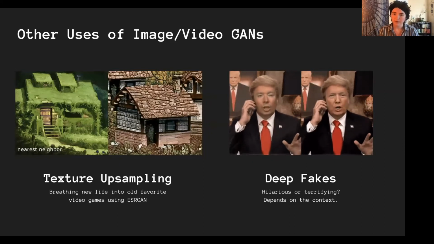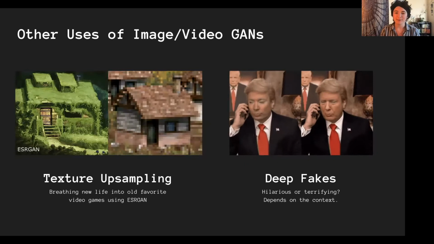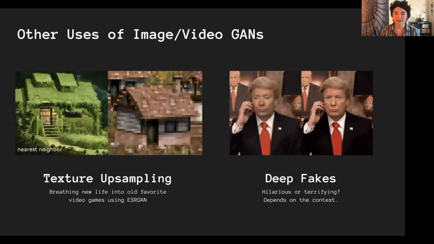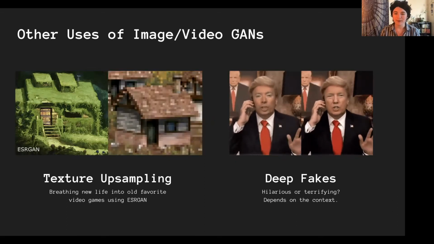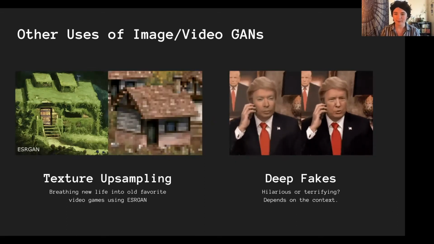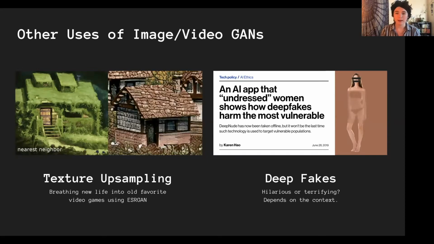Deep fakes are also another application of GANs, which could be hilarious or terrifying depending on the context. This is one example of Jimmy Fallon impersonating Donald Trump through deep fake. But on the darker side of things, the story in the news from last year was about an AI app that undressed women.